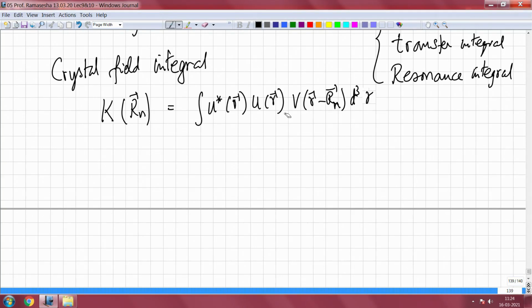This crystal field integral is summed over all the lattice sites n not equal to 0.